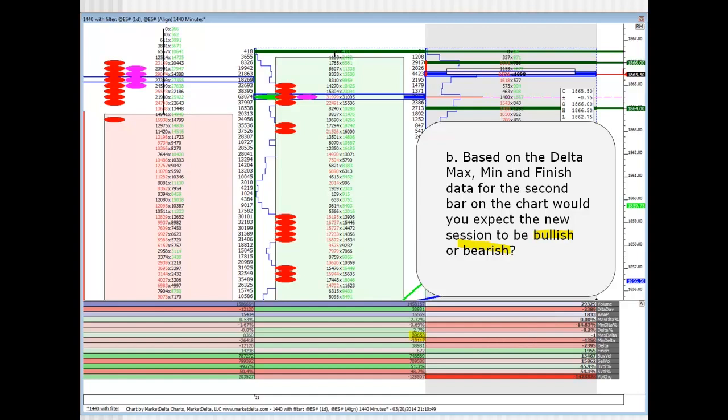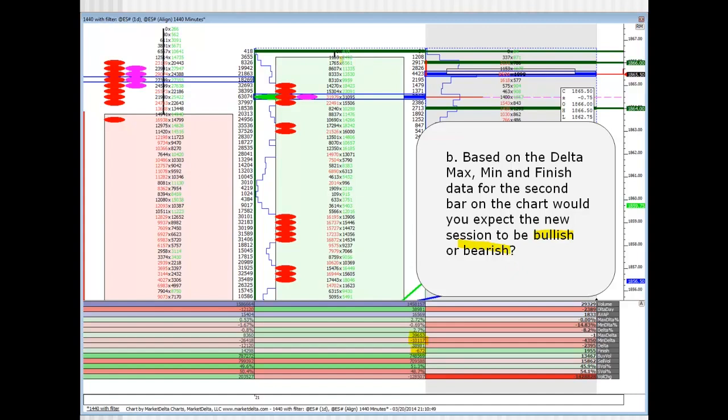Here's my max delta, and right below it I have my min delta, and I also have my finish. Well, I have a negative finish, so by virtue of the fact that I have a negative finish, that immediately tells me that it was the buyers that were really more dominant towards the end, or just before the close.